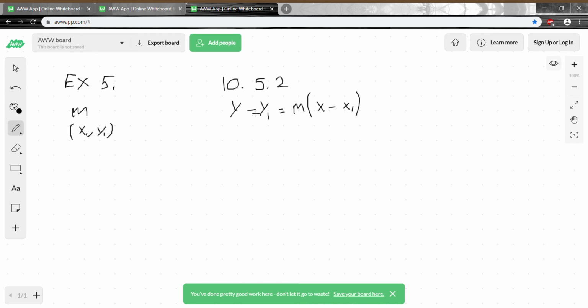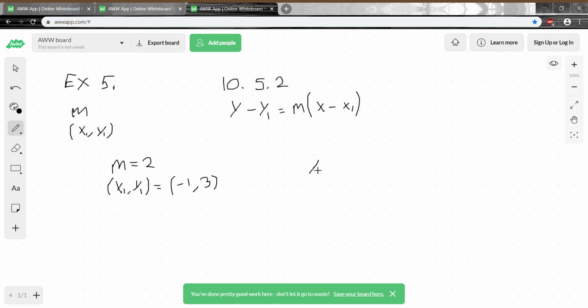This is example 4 for a line that has a slope m of 2 and it has the point x1 and y1 will be -1 and 3. With this information, we can plug it into this equation up here and get what we need.